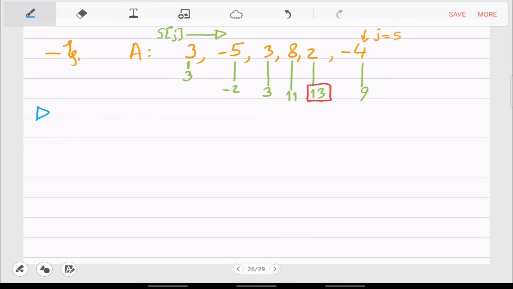So in this example, you can see that the green values are the evolution of SJ from S0 to S5, and it gives you some idea about how an SJ is actually related to the previous SJ minus 1, SJ minus 2, and so on. So what did we observe from here? So first is that if we have computed the S array, then we have solved the original problem.